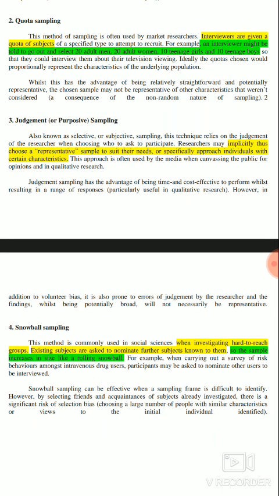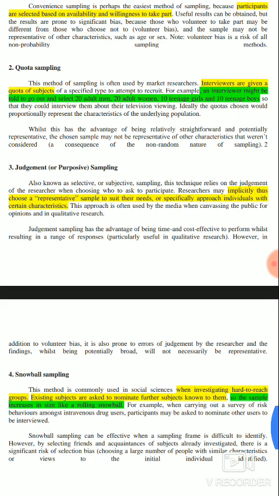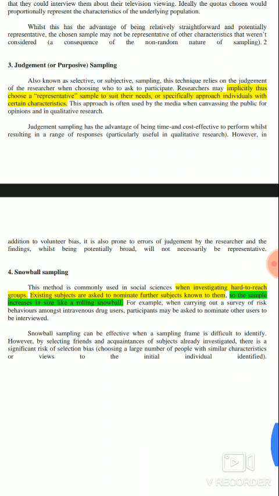Third, judgment sampling. That means individuals are drawn from the population based on the needs of the researcher.